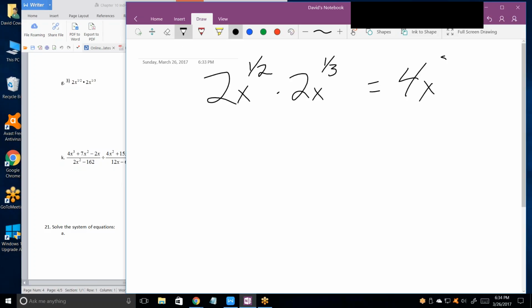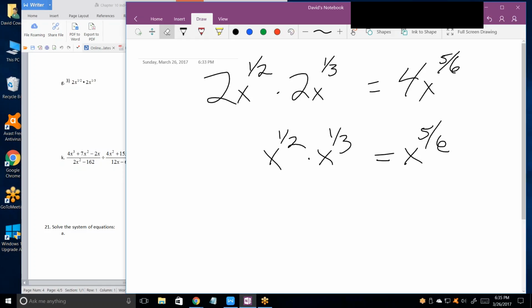So, x to the 5/6. Now, it's worth noting here that this 1/2 does not affect the leading 2, nor does this 1/3. That 1/2 is to the x term only. So the way we handled this was multiplying the numbers together to get 4, and then multiplying x to the 1/2 times x to the 1/3 to get x to the 5/6.